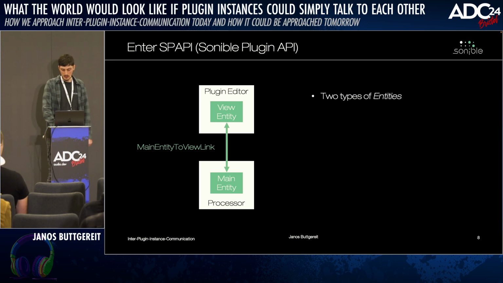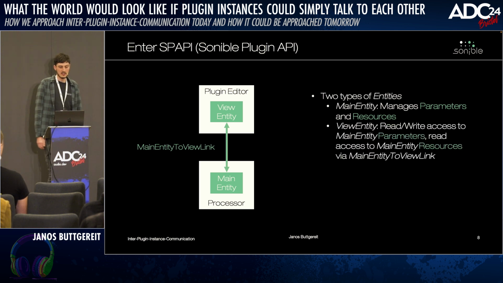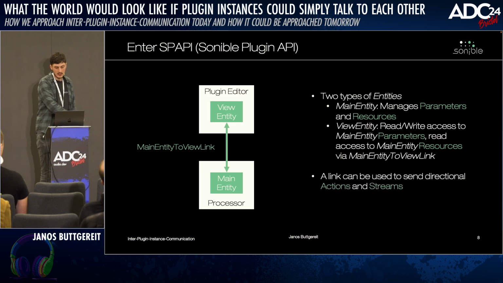So we see we have two types of entities. The main entity is an entity that can somehow manage parameters, it can manage stateful resources. And the view entity is another kind of entity that has read and write access to the main entity's parameters, only read access to the main entity's resources, and links to it via this link class.